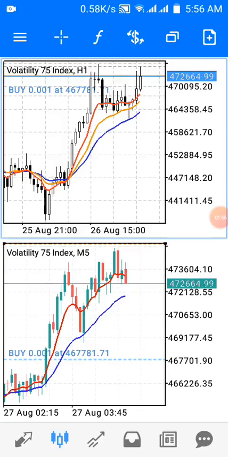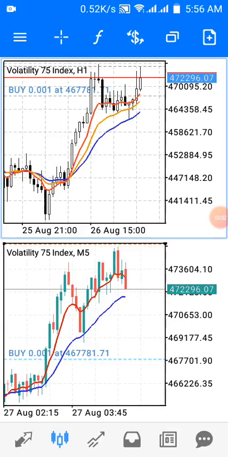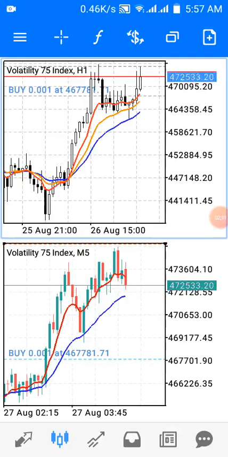Now today we'll be looking at a strategy you can use to trade whether it's Forex or volatility index. On my screen I have volatility 75 index. The screen is divided into two windows.